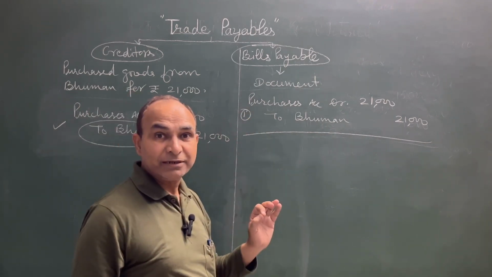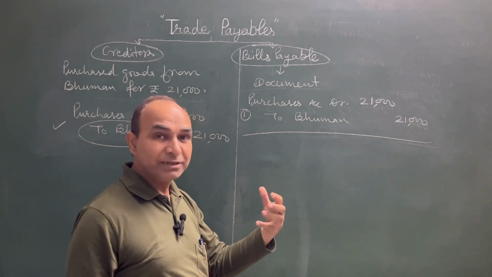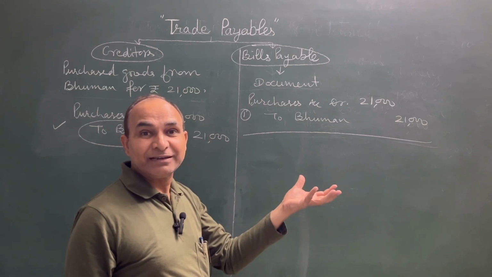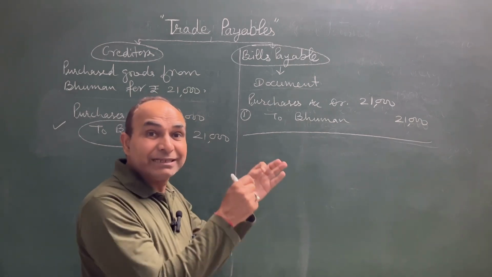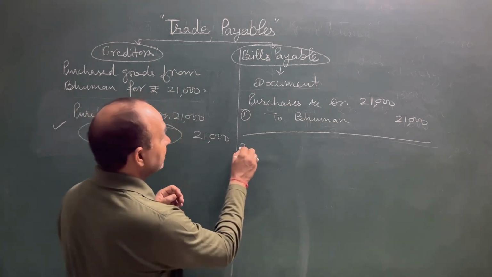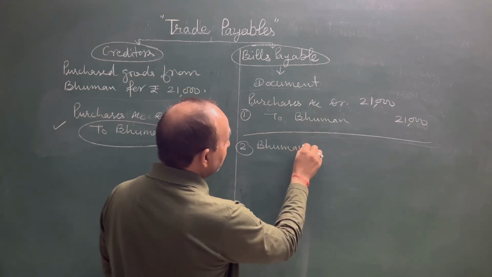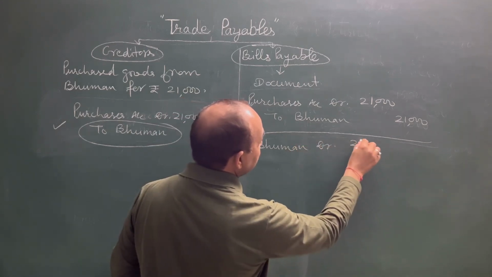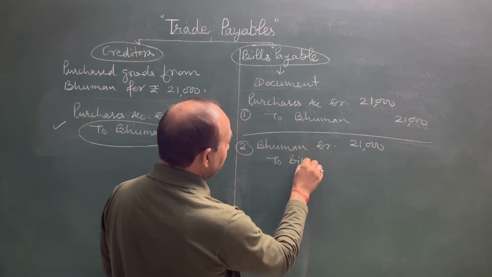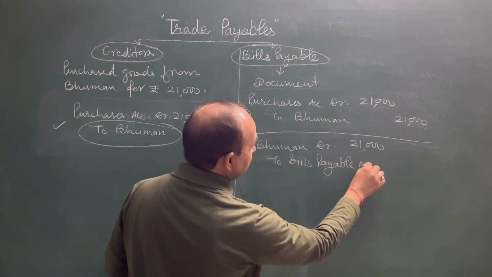Then Bhuman drew a bill upon us. It means Bhuman has written a bill on a prescribed pro forma and we duly signed that bill. That becomes bills payable. The journal entry for that will be Bhuman debit 21,000 rupees to bills payable account.